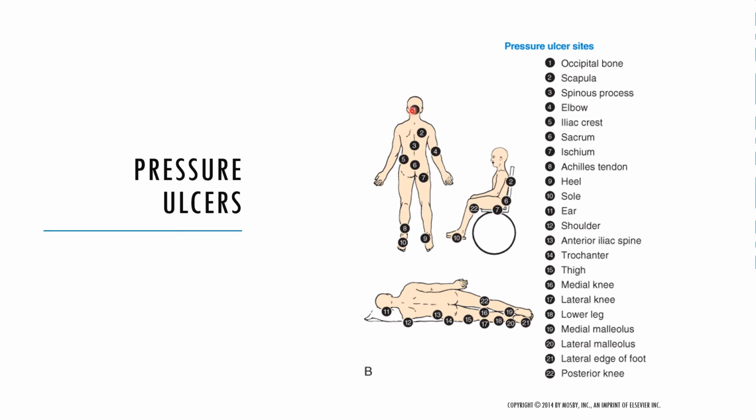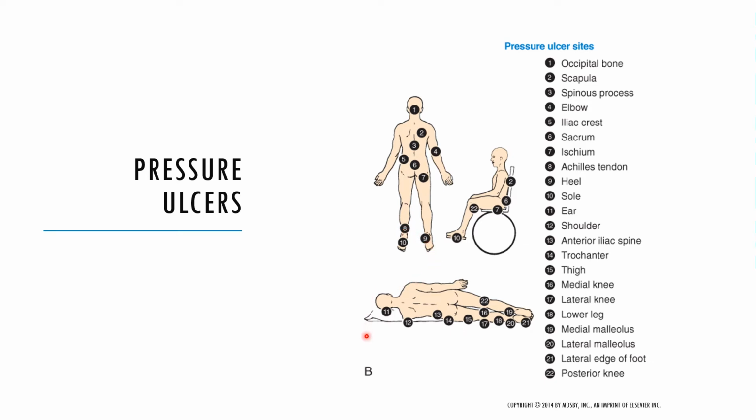It touches the bed. Pressure ulcers usually form on the places where you have maximum pressure, usually bony prominences. And you can see scapula, spinous process, iliac crest, sacrum, ischium, and Achilles tendon and heel.